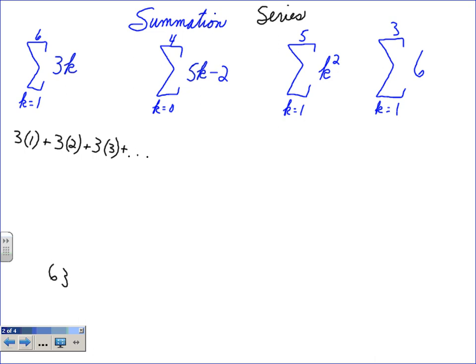Okay. So that's one way you can do this, to find the sum of the first 6 numbers. Actually plug in 1 for k, 2 for k, 3 for k, all the way up to 6.